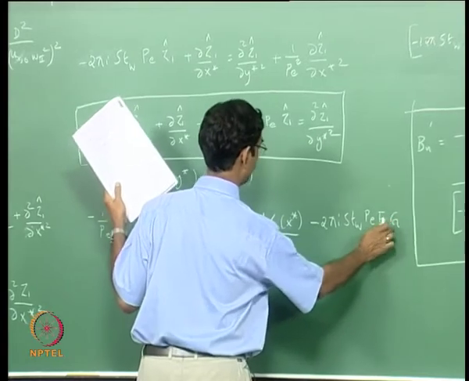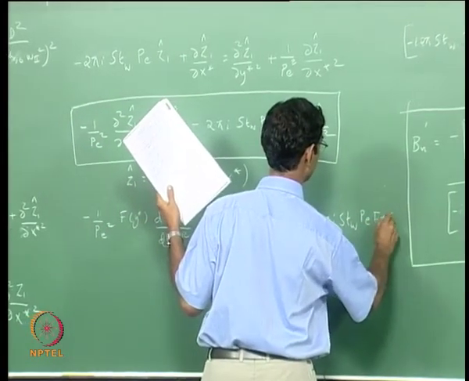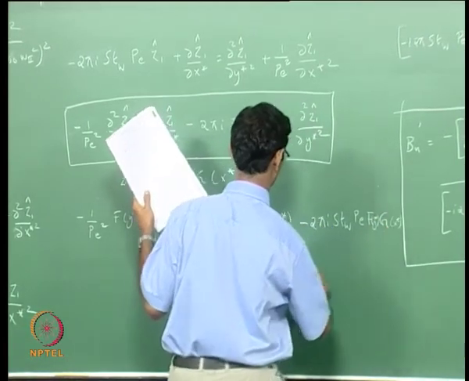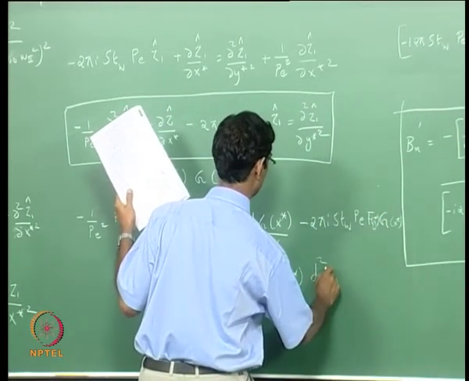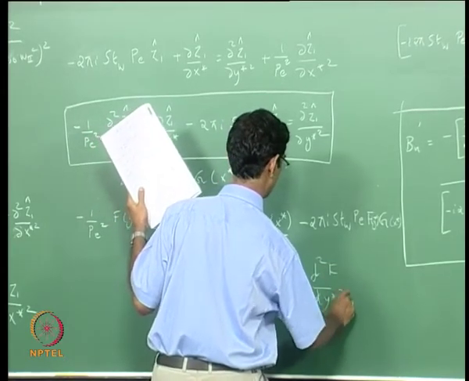Here also I should have the arguments. So f of y star g of x star d squared f by dy star squared.